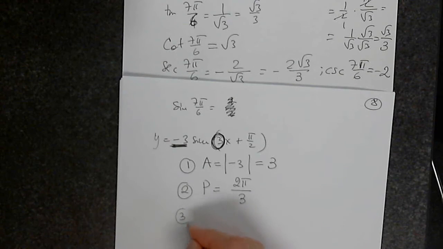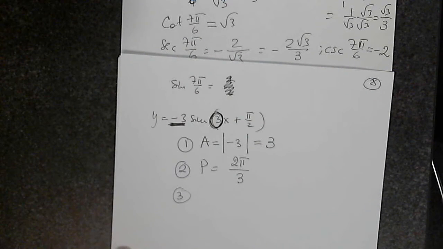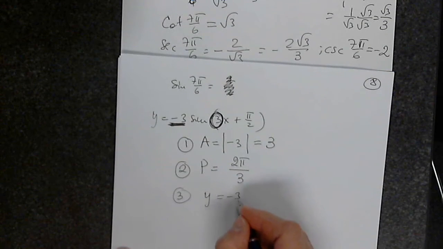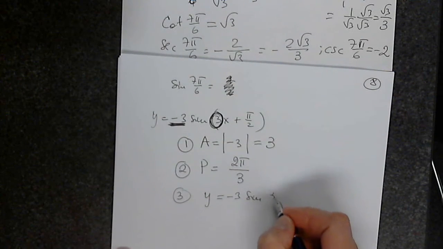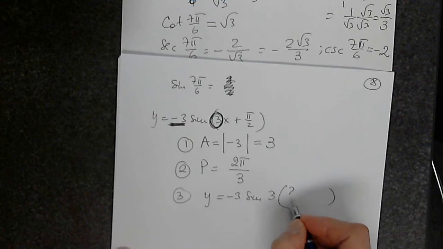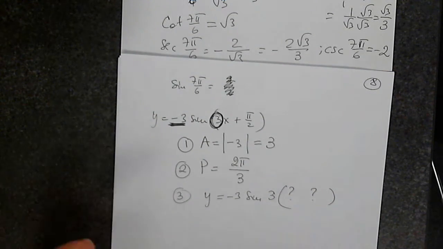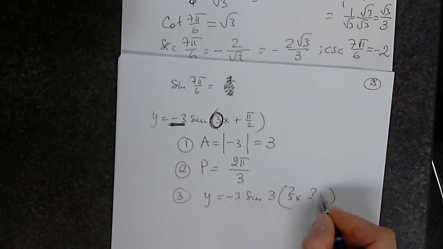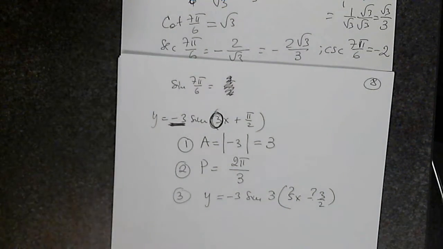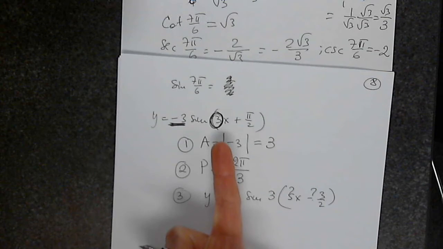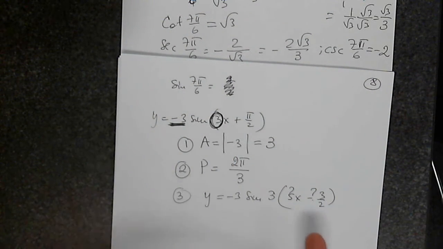Now, in order to determine the phase shift, I have to perform one step. I have to pull out that number 3. But whatever I write here, it has to match the original function. I cannot write 5x minus 3/2, because that's not going to be the original function, right? You cannot just put something in there.